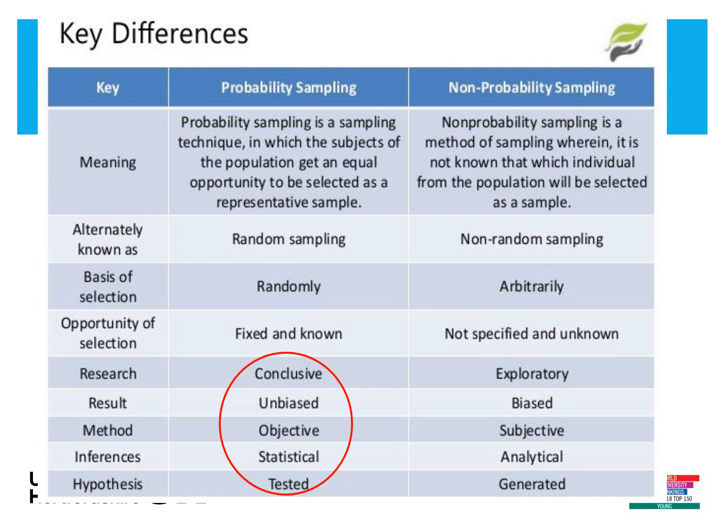So for example, probability research is very conclusive, unbiased, objective, and looks into statistical significance and can be tested. So you believe in a reality that is there to be found and tested. So it can be related to objective ontology and a positivist research paradigm or epistemology, isn't it? And then obviously this is related to quantitative research.